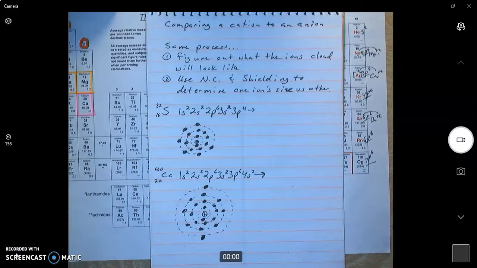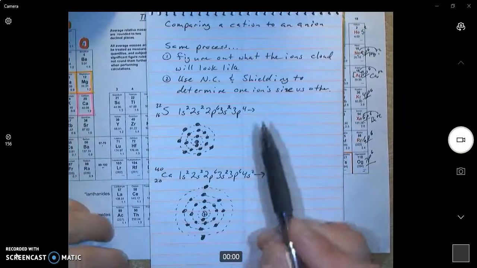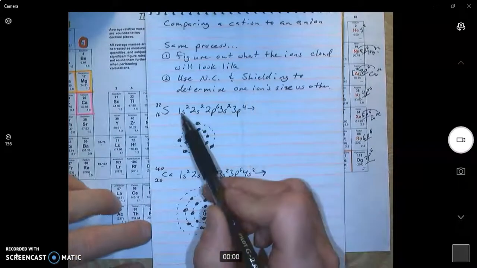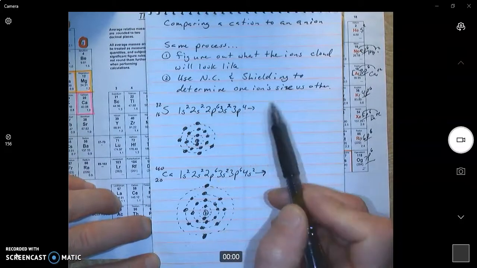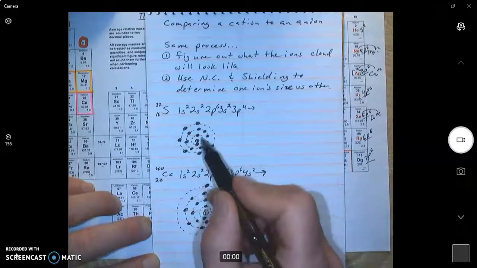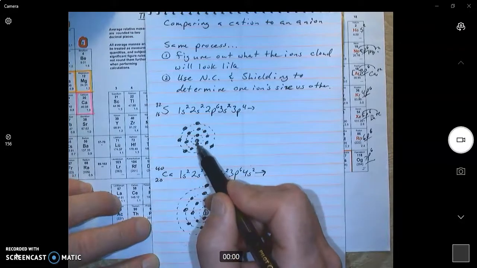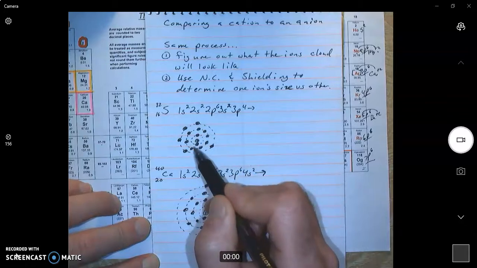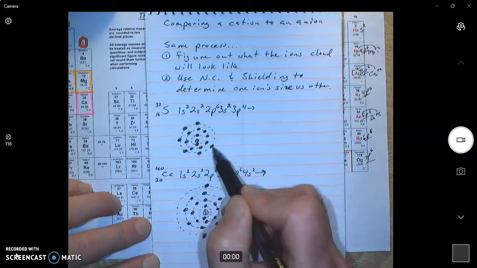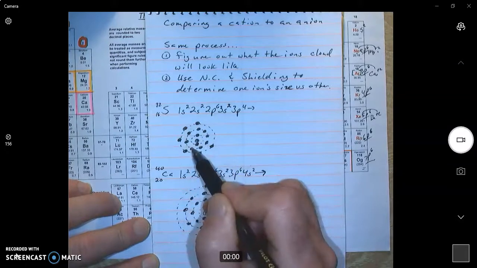Looking at sulfur and calcium as neutral atoms, sulfur has the following configuration: 1s2, 2s2, 2p6, 3s2, and 3p4. Which gives it 2 electrons on the first energy level, 8 electrons on the second, and 6 electrons on the third energy level.